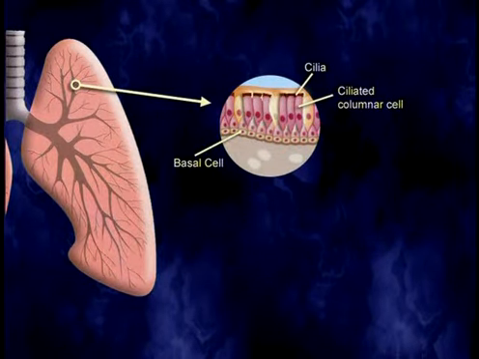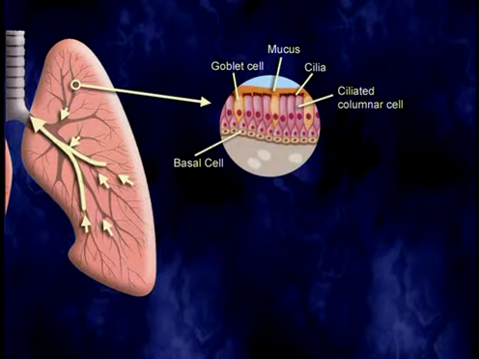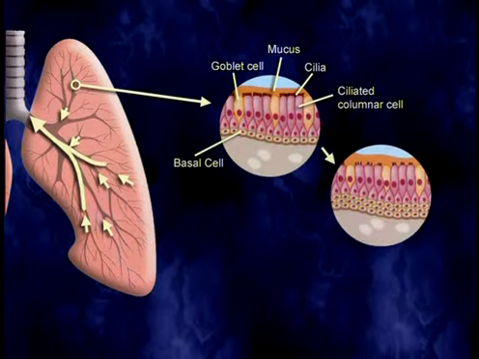And these ones in the middle are goblet cells. They secrete mucus. These hairs beat, as in fields of wheat, in a certain direction, which is always upward and out of the lung. This is the way, as I mentioned, we get rid of pollen and so forth. This illustrates what happens when you smoke or are exposed to pollutants. You start losing the ciliation, and eventually you lose them all.